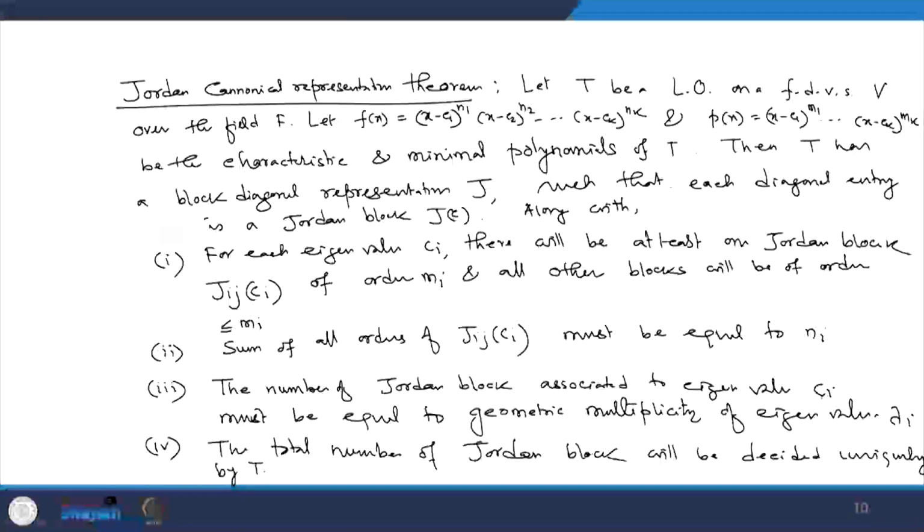Second, the sum of all orders of J_ij related to eigenvalue ci must be equal to ni. Third, the number of Jordan blocks associated to eigenvalue ci must be equal to the geometric multiplicity of eigenvalue ci, and the total number of Jordan blocks will be decided uniquely by the operator T. So, let me take an example.